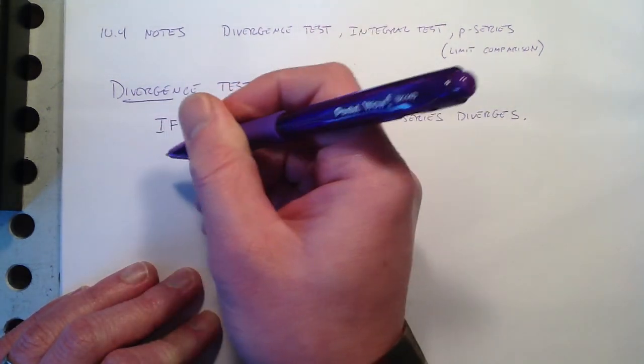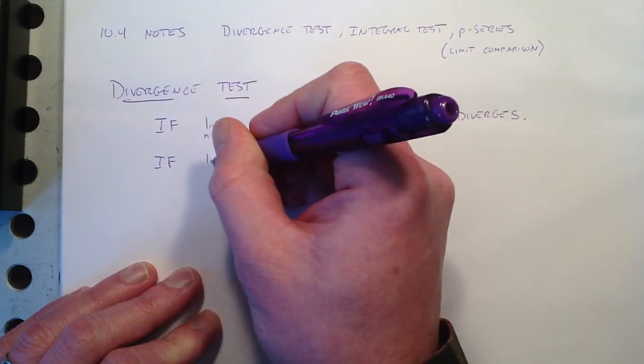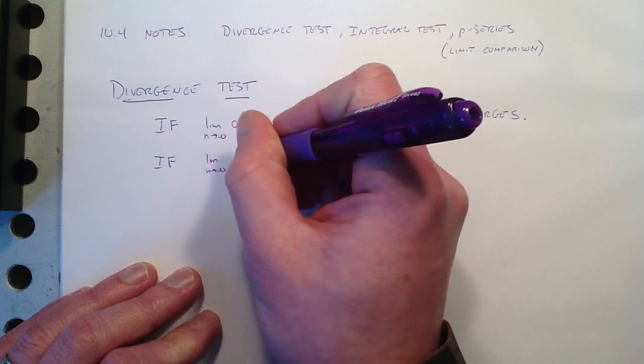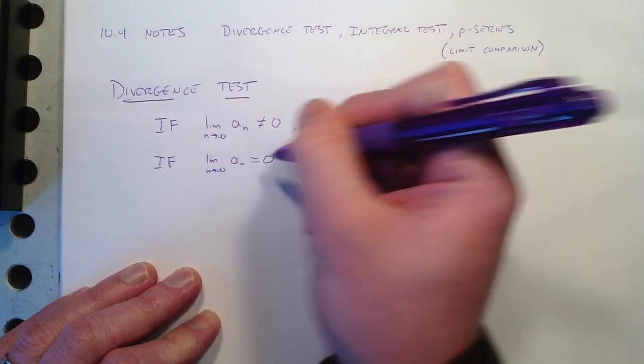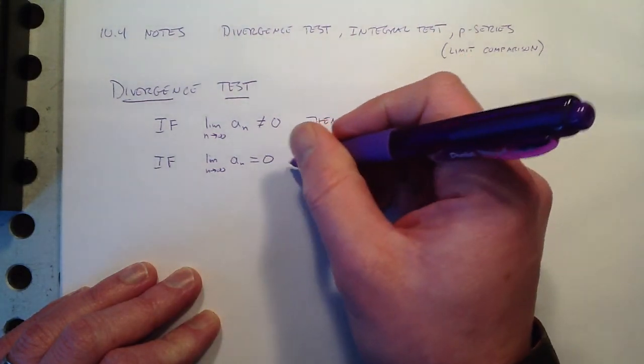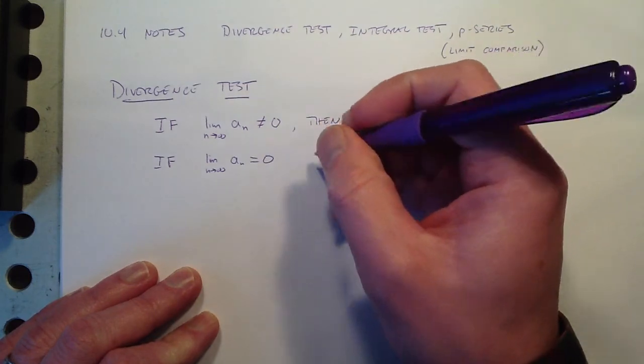The other part of it is, if the limit as n approaches infinity of the terms is 0, wouldn't it be nice if that just meant it converges? But it doesn't mean that. This is a necessary but not sufficient condition for convergence.